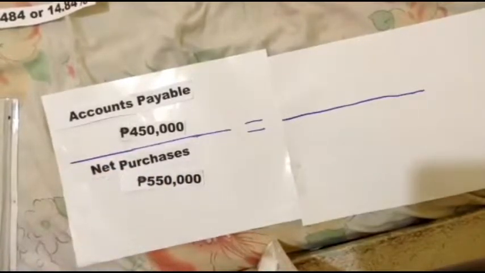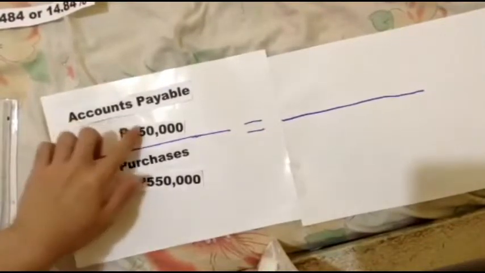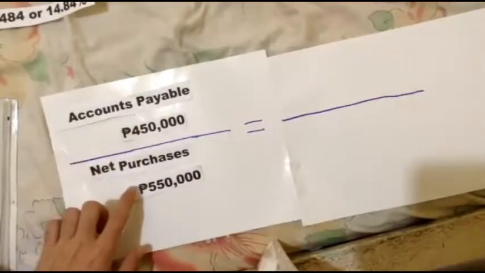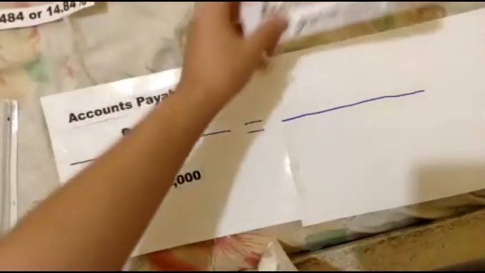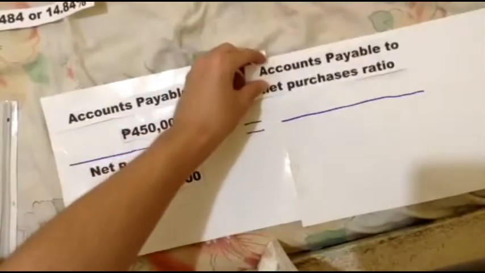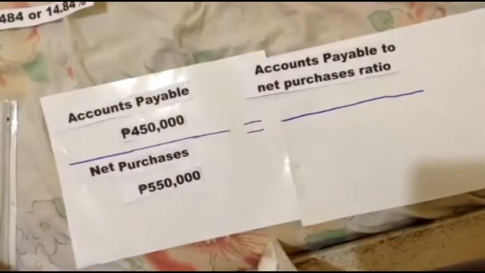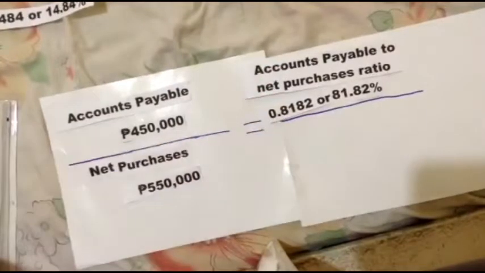In order to get our accounts payable to net purchases ratio, all we have to do is divide 450,000 pesos over 550,000 pesos, and that's when we're going to be able to get our accounts payable to net purchases ratio, which is 0.8182 or 81.82%.